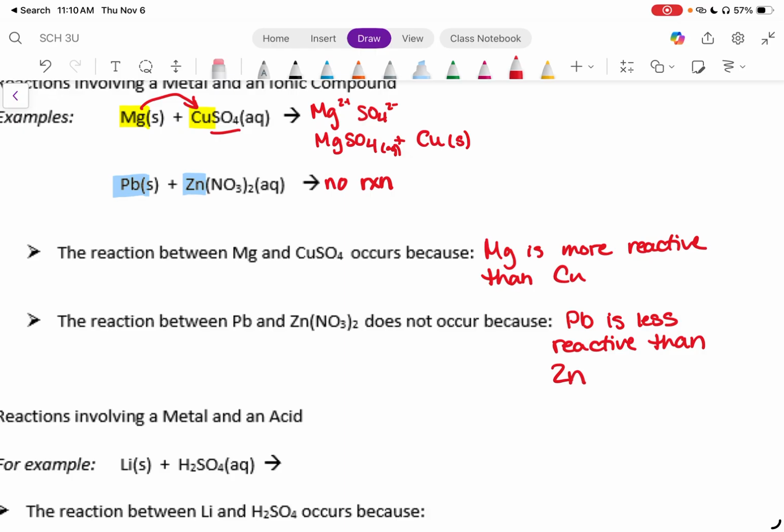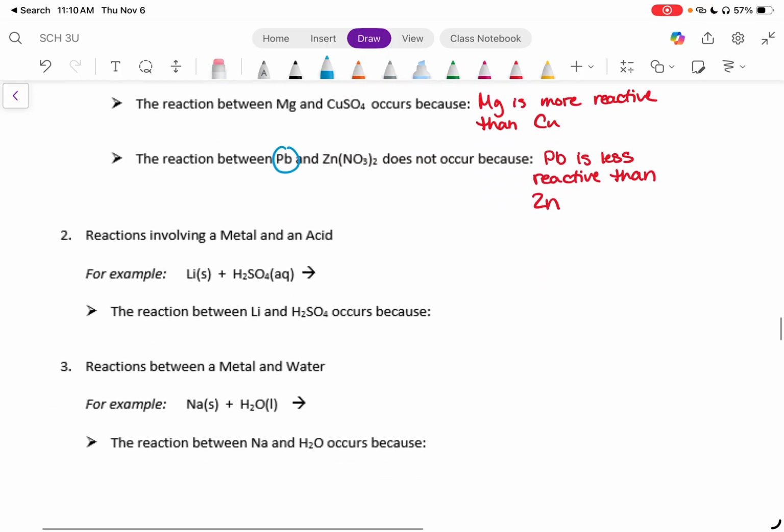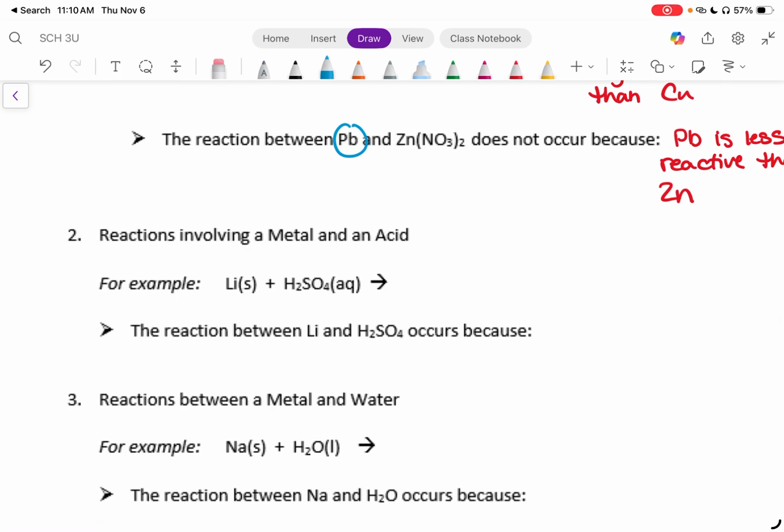So whatever element is free, so on its own, has to be stronger for the reaction to occur. It has to be more reactive. So we have another type of reaction.